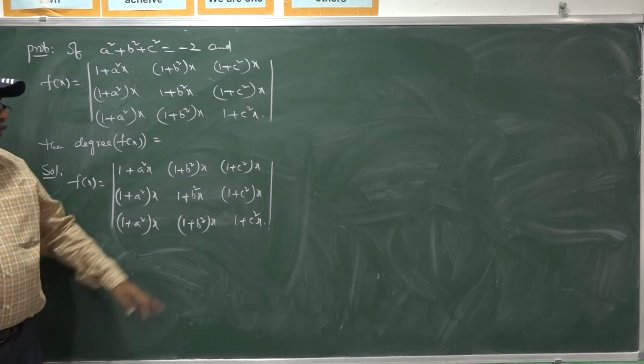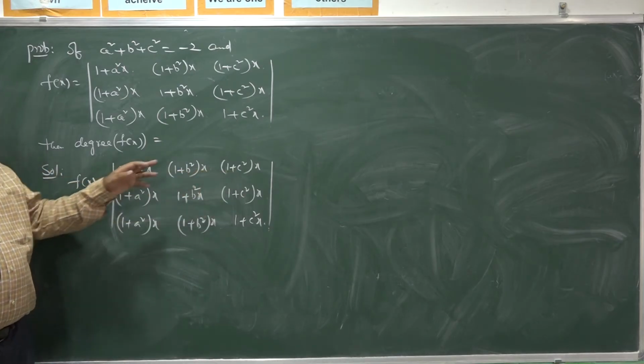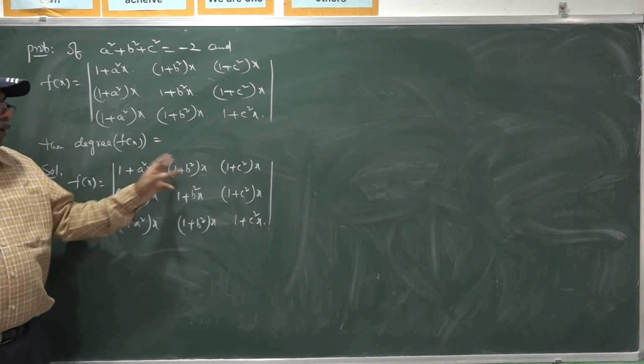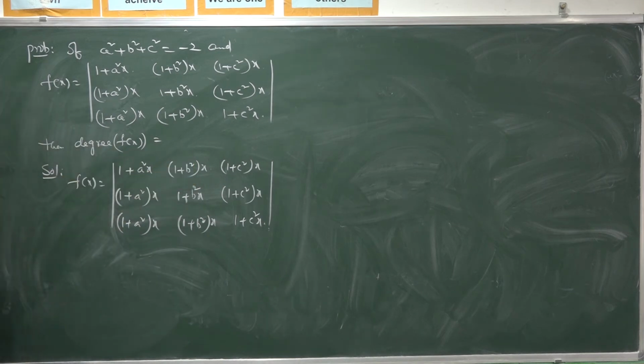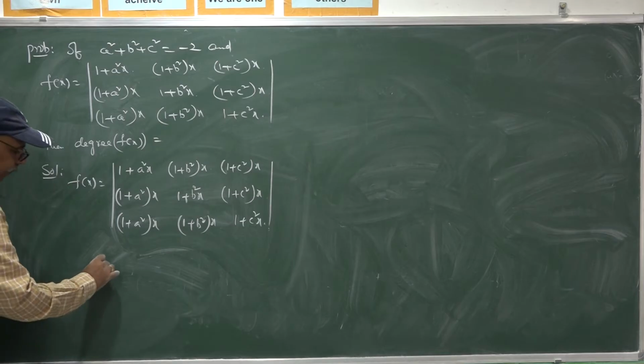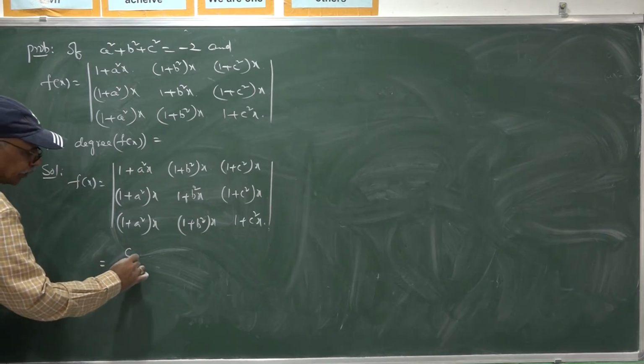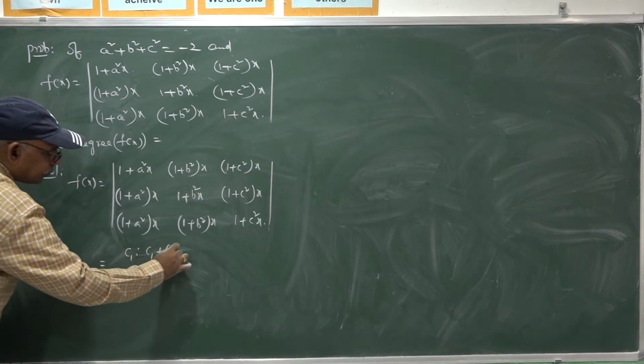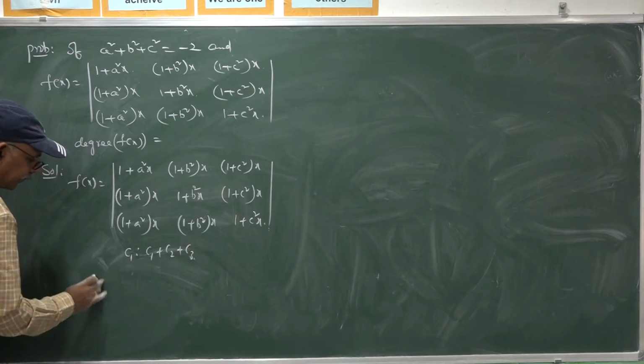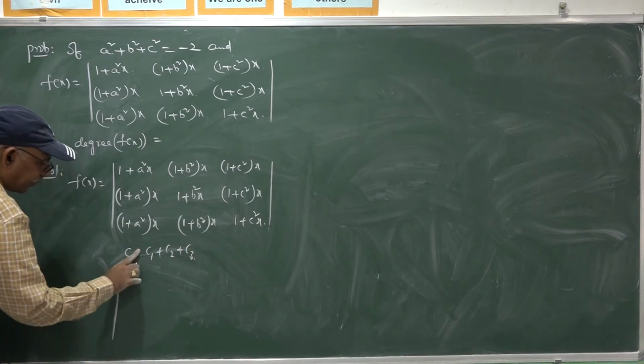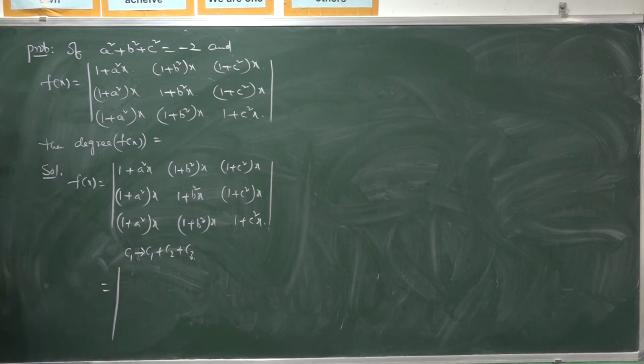Now, adding the elements column wise, suppose C1 goes to C1 plus C2 plus C3.